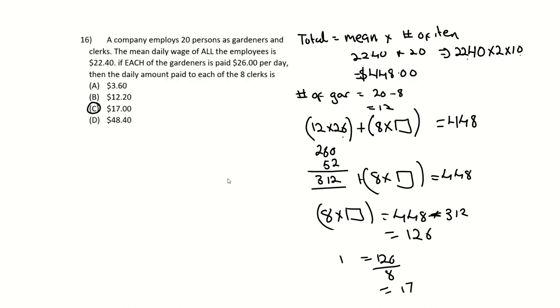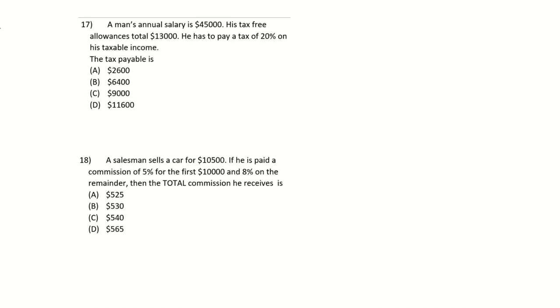Okay, number 17. Let's read the question. Number 17 says a man's annual salary is $45,000. His tax-free allowance is $13,000. He has to pay a tax of 20% on his taxable income. His tax payable is, first off, we want to know how much we are being taxed on.